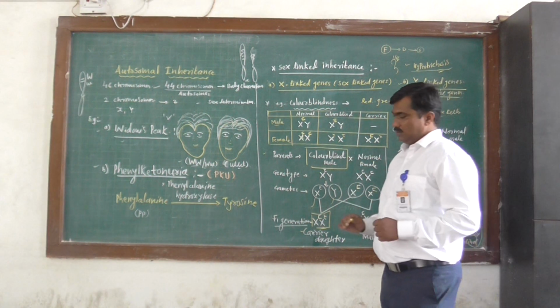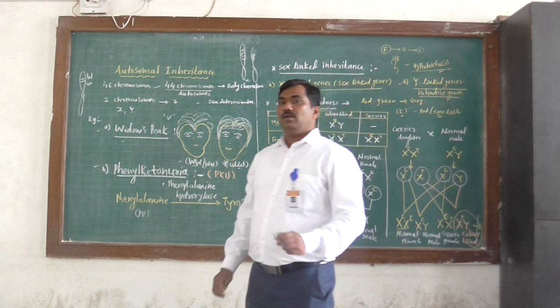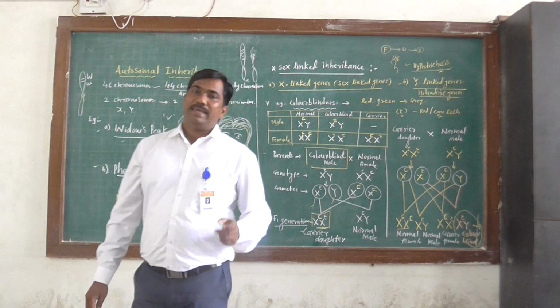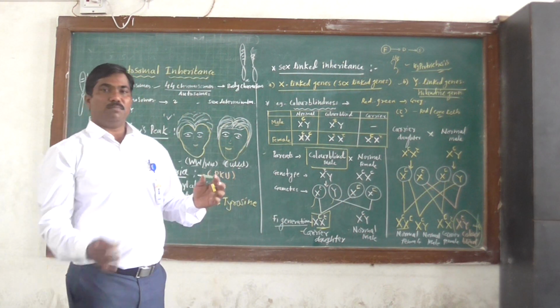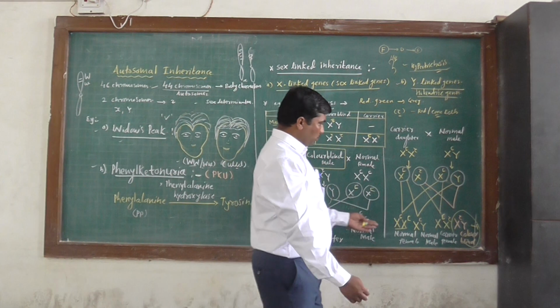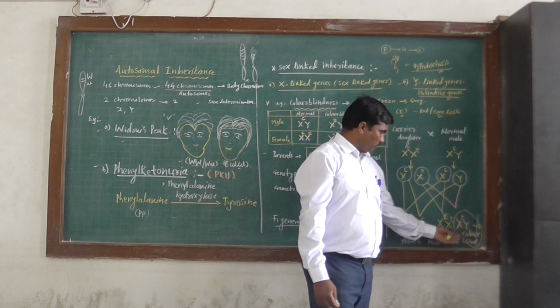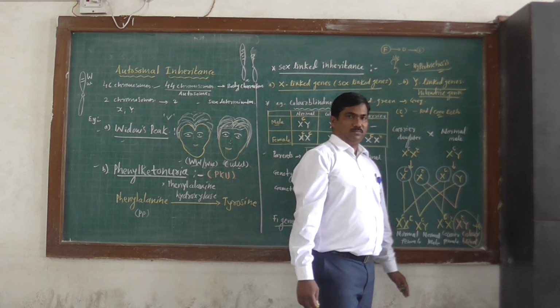Then one thing here, a question for 1 mark: why do X-linked traits appear more in males as compared to females? Here we also see that X-linked traits appear in males.